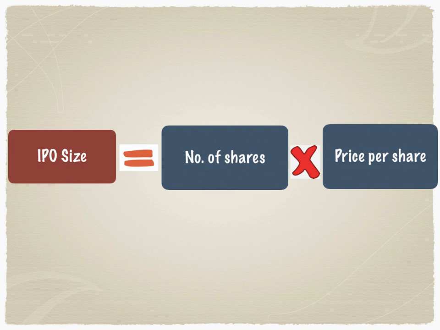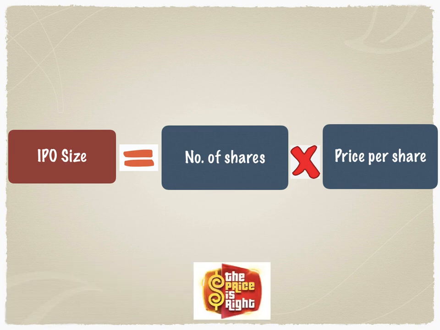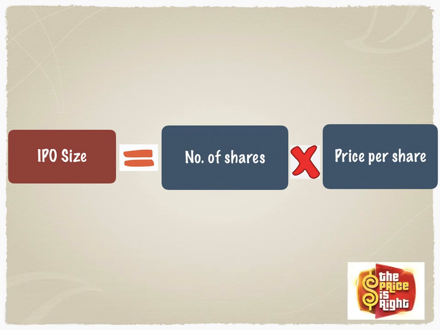I'll be doing another video on pricing per share, which is a concept on valuation of the company's stock at the time of the IPO. Over here, let's just take it to be a very simplistic accounting entry, which is nothing more than number of shares into price per share. The IPO size is therefore a right number to get at.